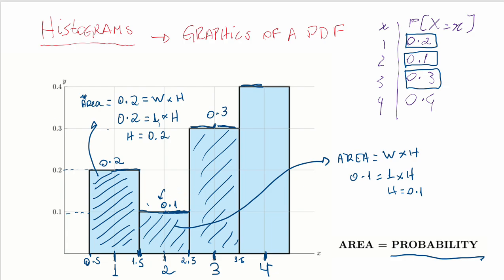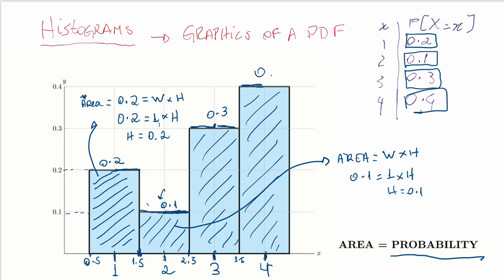And it is, right? I'm setting up my rectangle to be 0.3. And finally, this area here has to be equal to 0.4. The base is 1, 1 times the height needs to be 0.4, so the height is 0.4. Okay? This is a histogram.